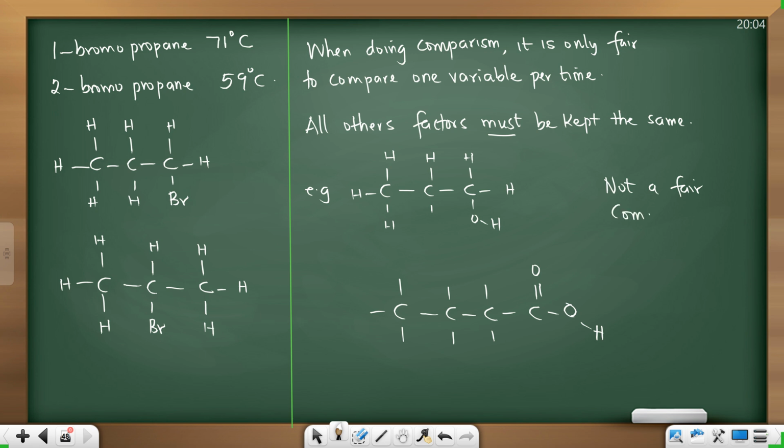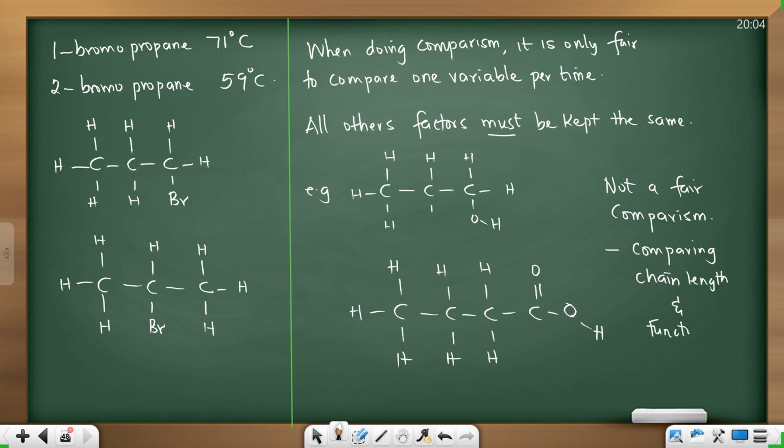I want you to understand what I mean. Why is it not a fair comparison? I am comparing more than 1 variable. I don't know if you can see that. It is not fair, because I am comparing chain length and functional group.